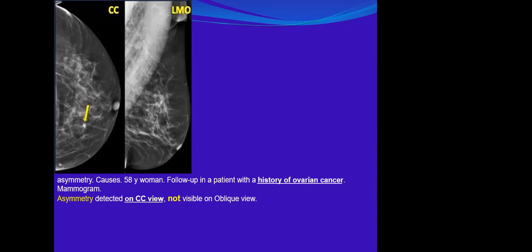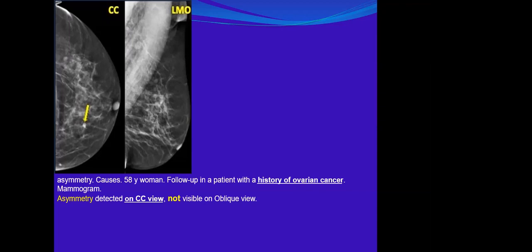So how are you going to manage this patient? I can use additional views. When I see a lesion in the CC but not in the MLO, I can do a rolling view, and I can do compression.